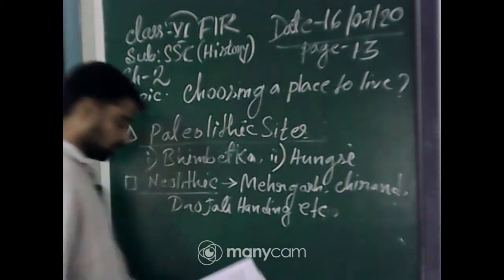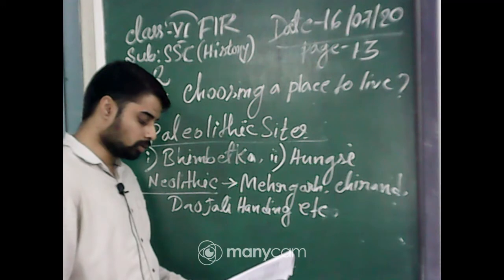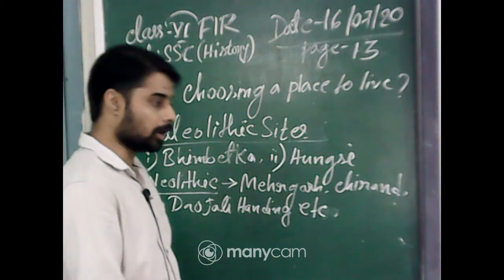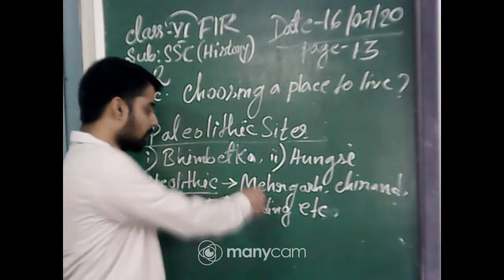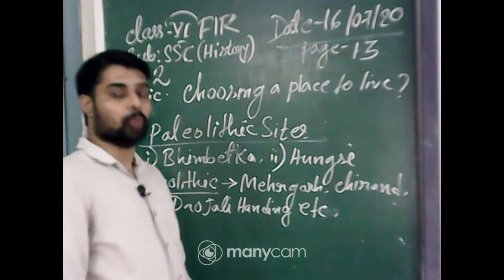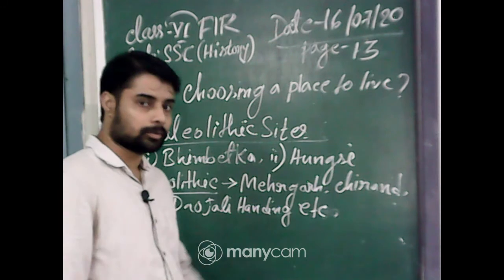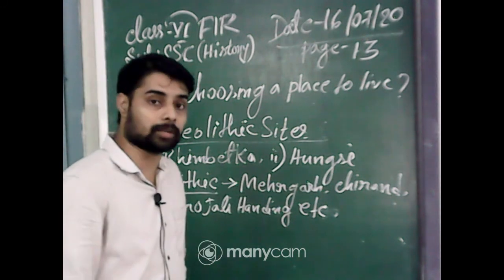Other sites are Hallur, Maski, Koldihwa, Burzahom, etc. We will discuss these sites later. Mehrgarh is situated near the Bolan Pass in today's Pakistan, in Baluchistan province.